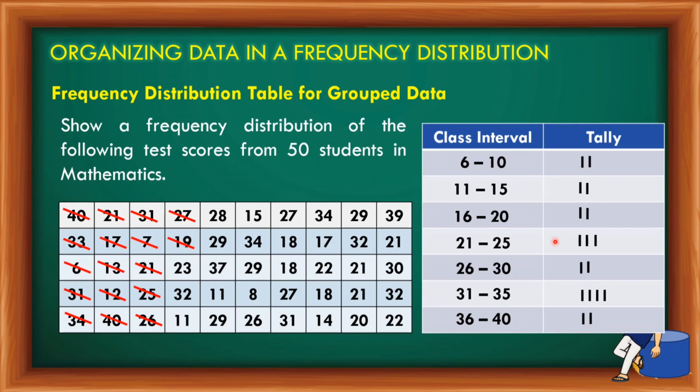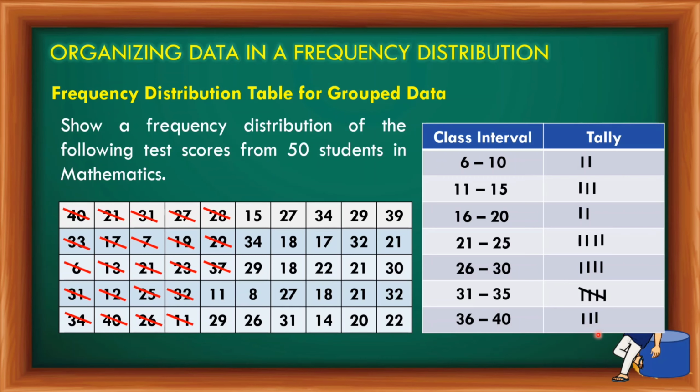Mark 19, 16 to 20. 23, we have sa 21 to 25. 32 sa 31 to 35. 11 sa 11 to 15. 28 sa 26 to 30. 29 sa 26 to 30 din. 37 sa anong 37?